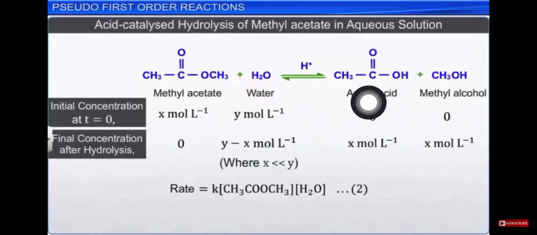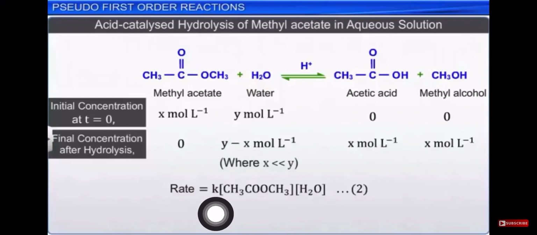X moles of acetic acid are formed and X moles of methyl alcohol are formed, so we have to subtract that many moles from water also. So we have Y minus X, but this is a very small amount compared to water. The amount of X is very small because we have taken water in very large amount.